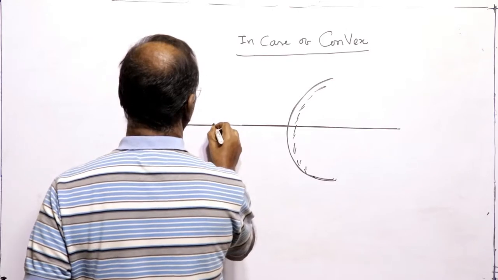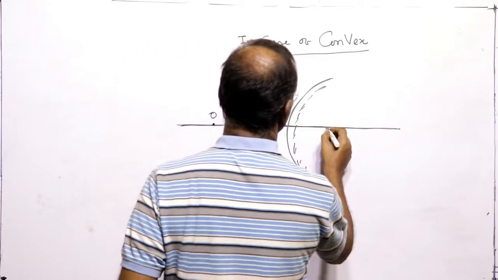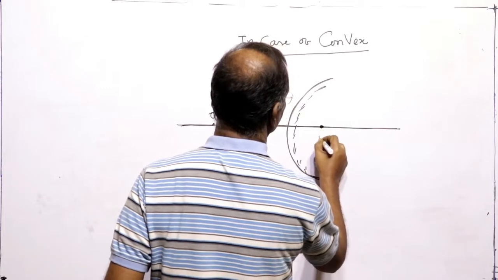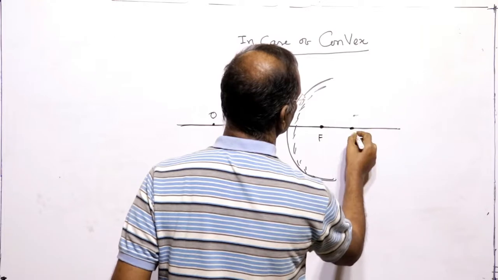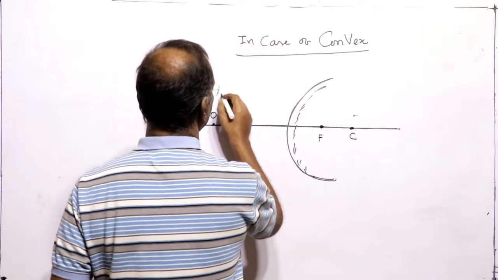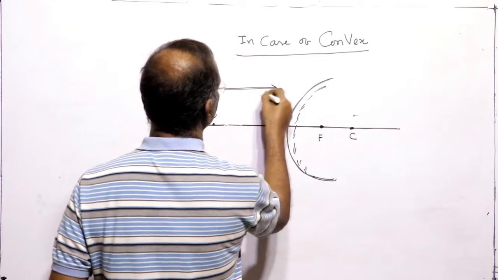So the object is here. This is the focal point, this is the center of curvature. This is the ray direction.